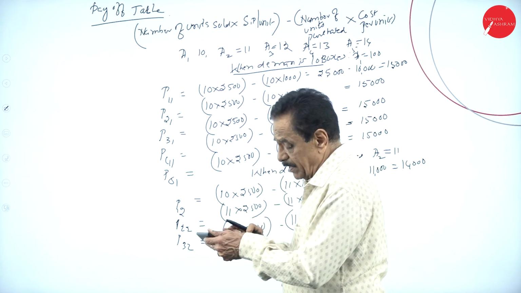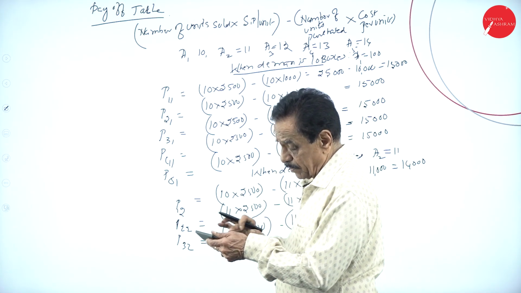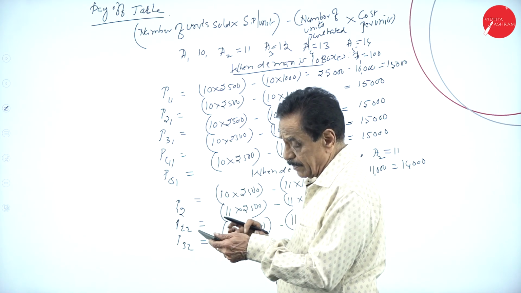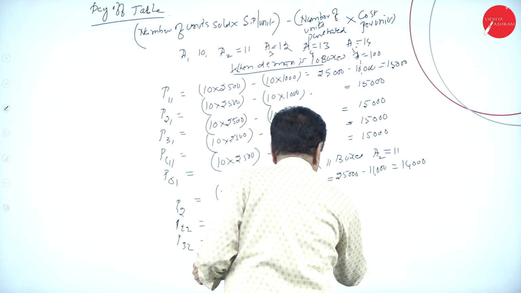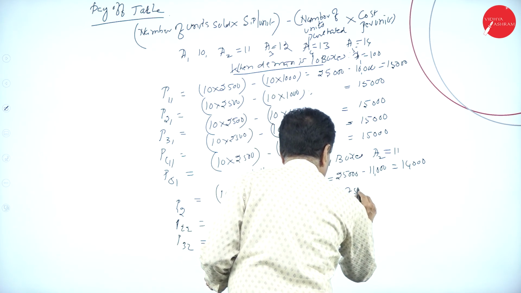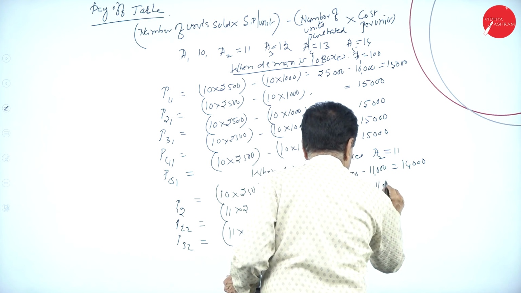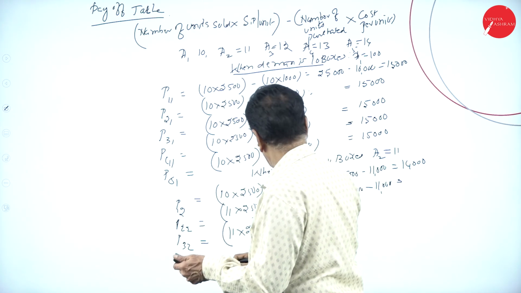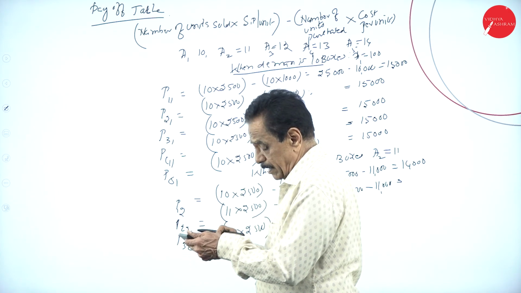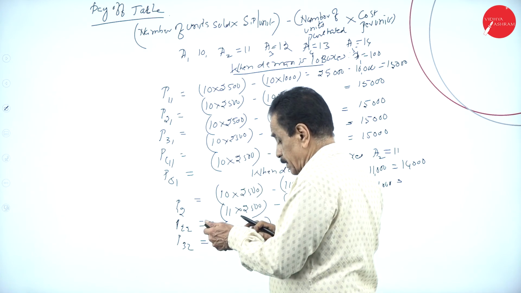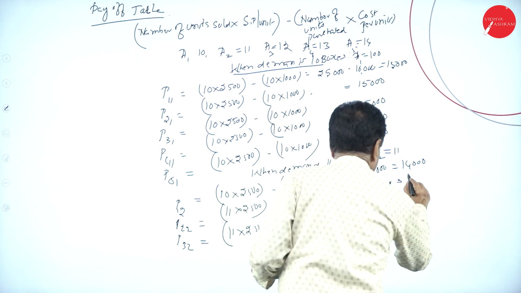Then 11 into 2,500, 27,500, minus 11,000 is equal to 16,500.